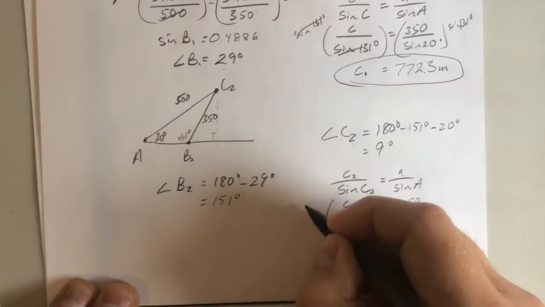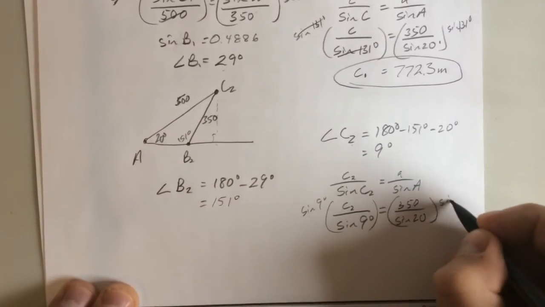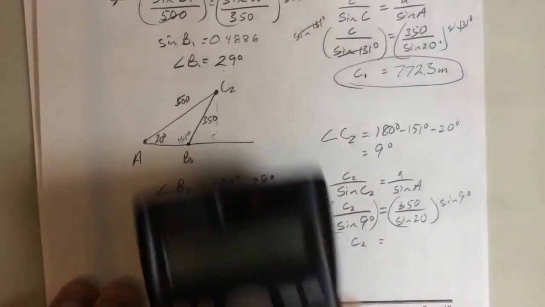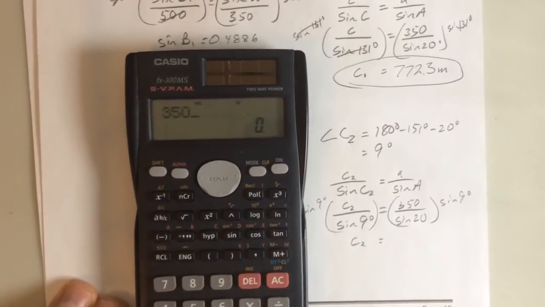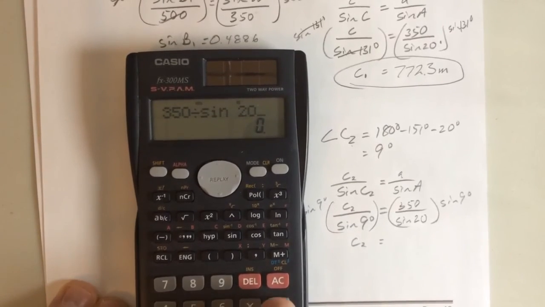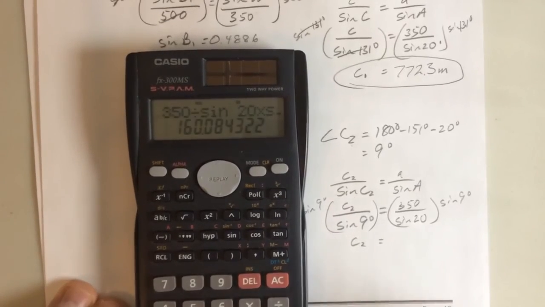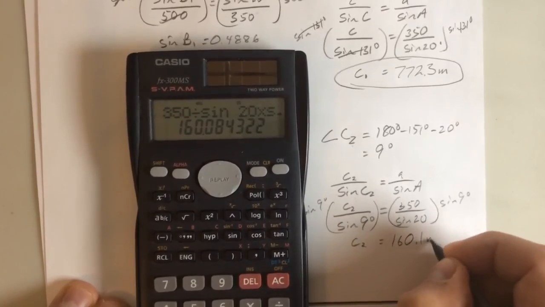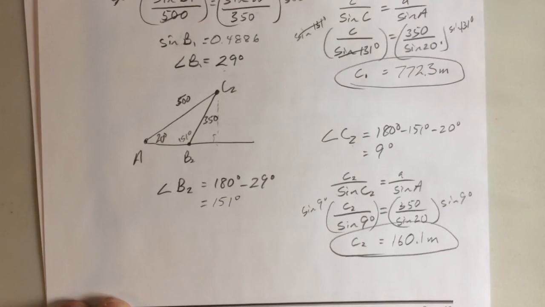Again, we multiply by the sine of 9 so we isolate C on its own. C2 is going to equal, bringing in our calculator once more, 350 divided by the sine of 20 times the sine of 9, and we get 160.1 meters. So we have two possible answers for the third side.